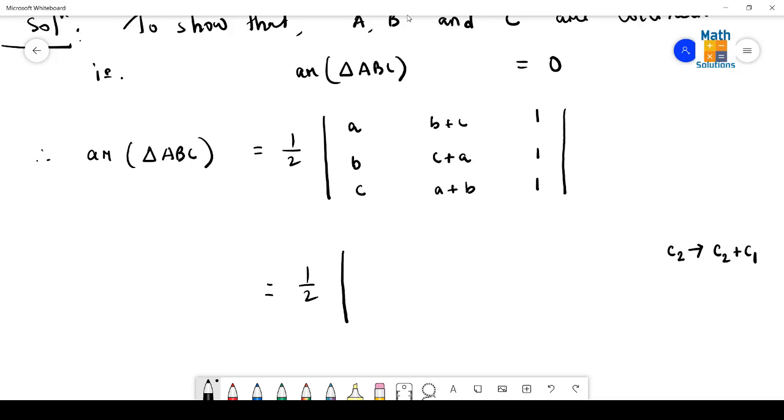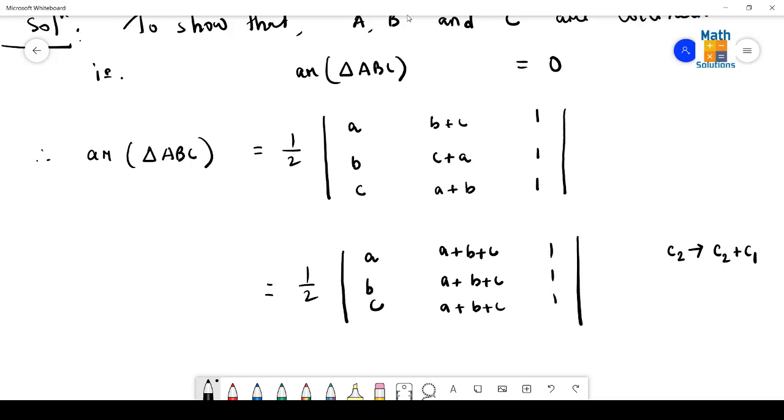Let us check what do we get. a, b, c will remain as it is. Here in this case we shall get a plus b plus c. In this case also the same thing, a plus b plus c. Here also it will be a plus b plus c, then 1, 1, 1.